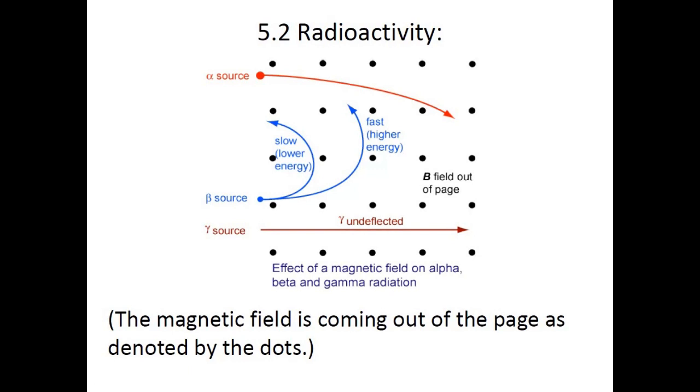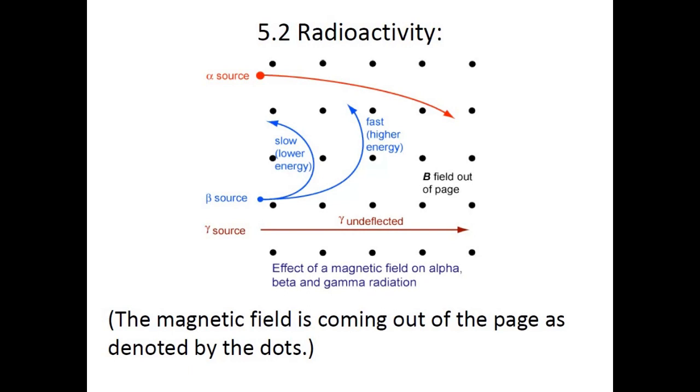This is the only difference between the Fleming's left-hand rule that you previously studied and the one you need to apply in radioactivity: for the second finger, you consider the direction of travel of the alpha or beta particle, not the direction of the current.